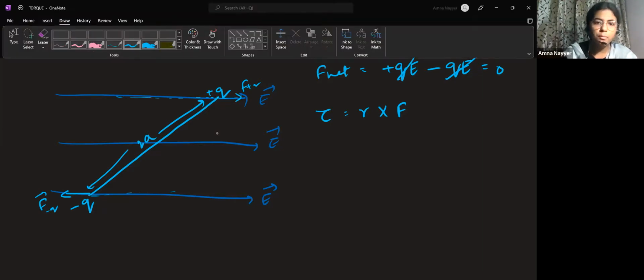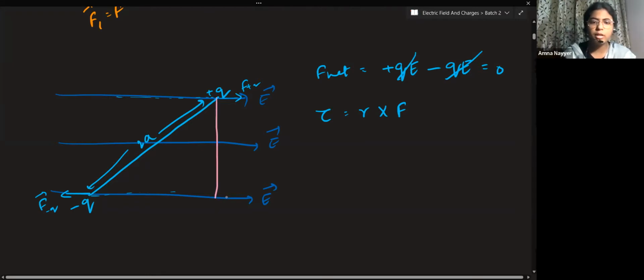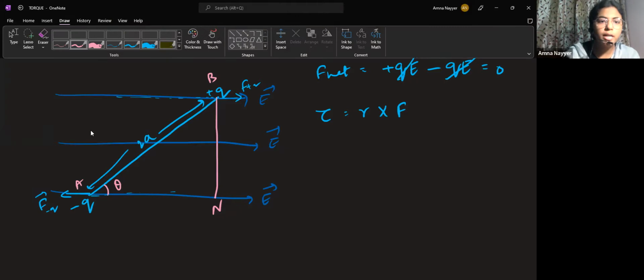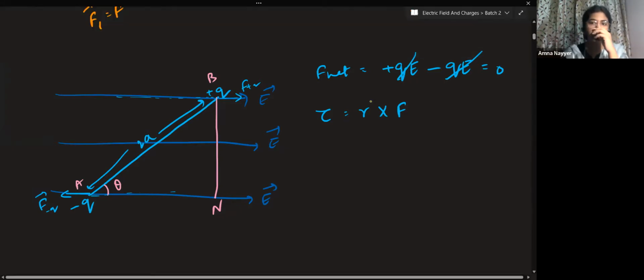If I drop a perpendicular, let's say this point is N, this point is A, this point is B. I have drawn a perpendicular. Let's say this angle is theta. According to the definition of torque, I require this r and this F. This I am not aware of. So what can I do? I can simply use sine theta.